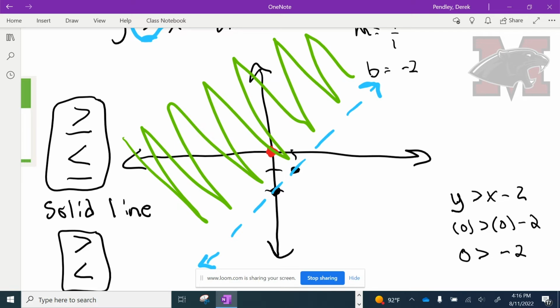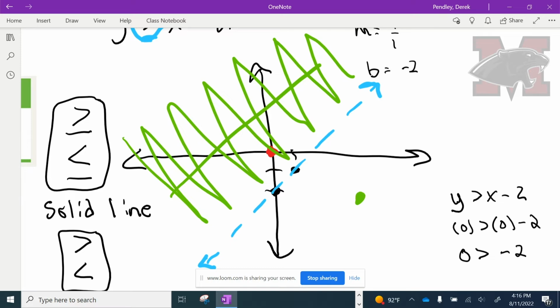And so then any point that I choose over here would be false. But any point I choose on this side would be true. So it's the same concept as an equation, except for a bunch of points lined up on a line. It's really anything on that side of the line, up to the line, but not including it because it doesn't have the equal sign.